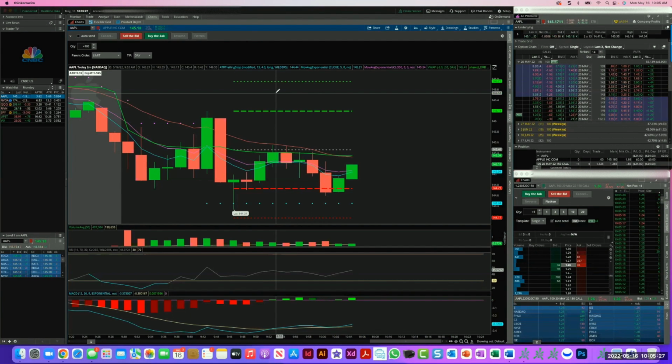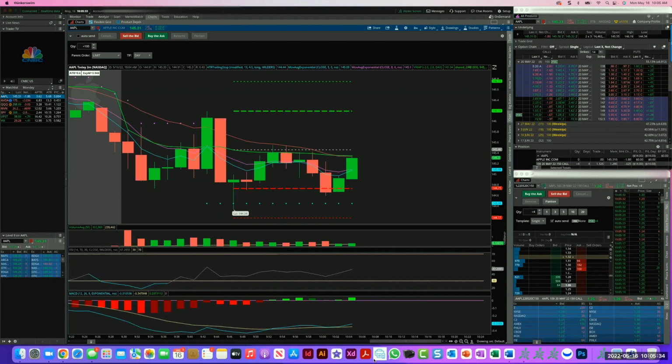All right, so we're still holding above support on Apple. Looks like now we're finally getting our move to the upside above the VWAP. We just need to clear it.